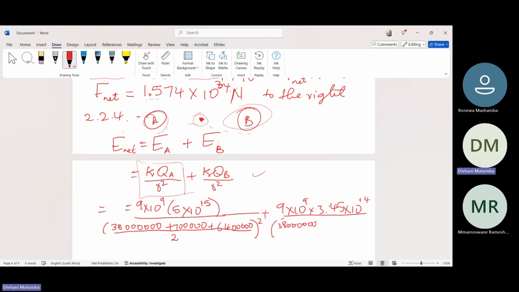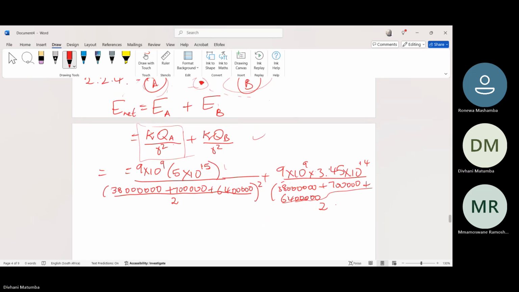You can be calculating the first expression, this one. Then plus the second, all over 2. All of them divided by 2.